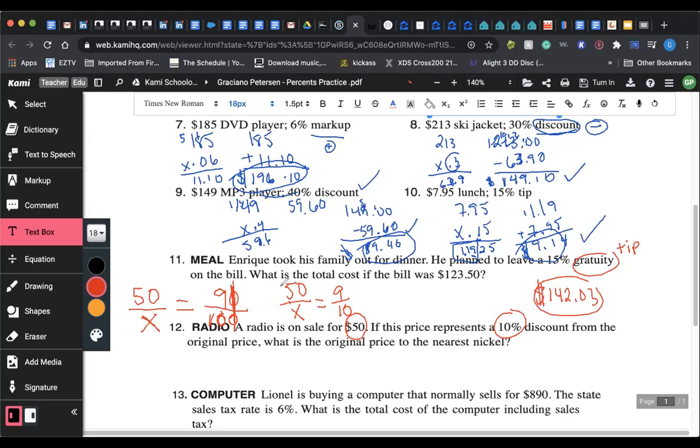So I have to do 50 times 10. What is 50 times 10? 500. Okay, great. So 500 is equal to this other part of the cross multiplication, 9 times x.